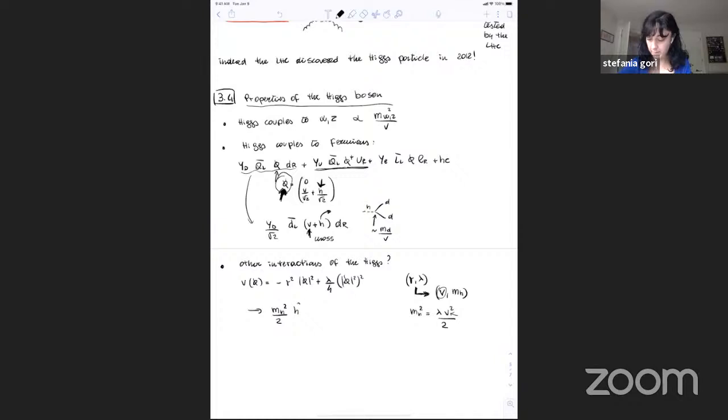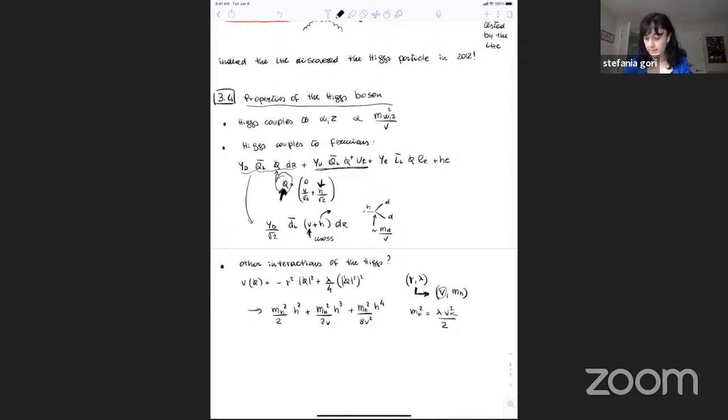You have a mass term for the Higgs, then we have an h to the third power type of interaction with this prefactor, and then an h to the fourth multiplied by the mass squared over 8 v squared.